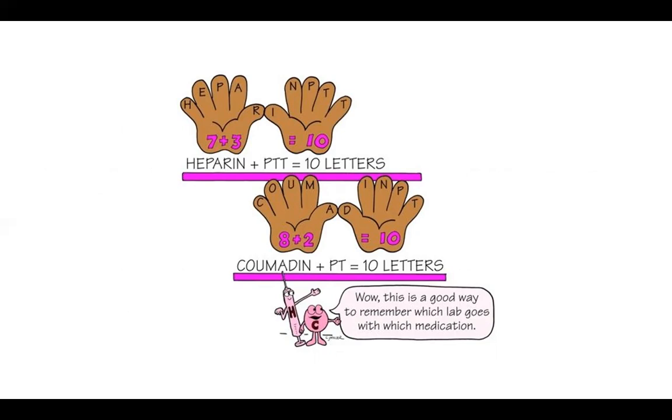So heparin, PTT. And then Coumadin, which I know is the brand name, but Coumadin is 8 letters and PT is 2. So Coumadin, PT. So heparin, we monitor PTT, and Coumadin, we monitor PT/INR.